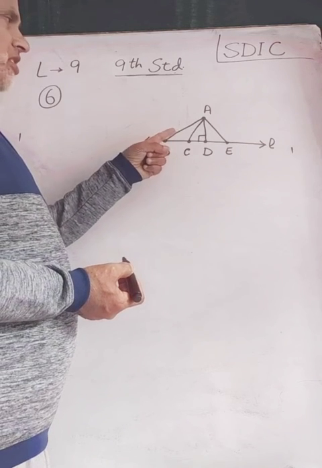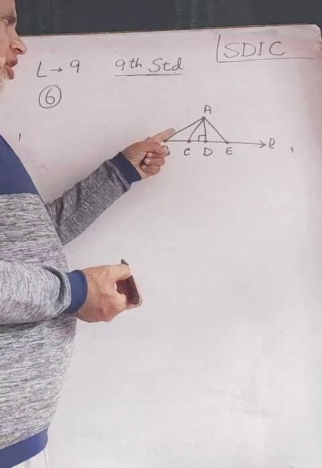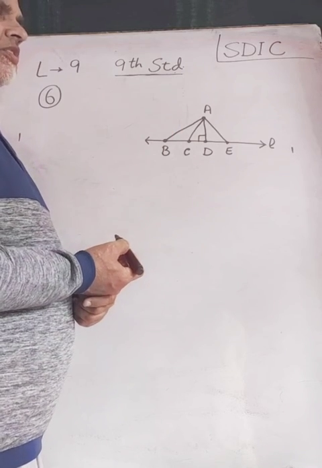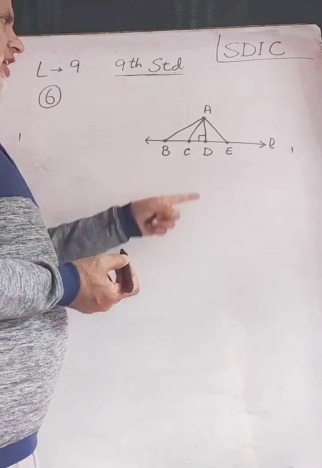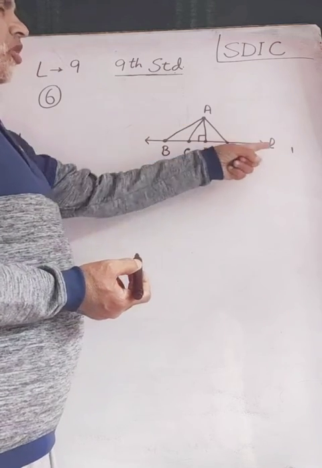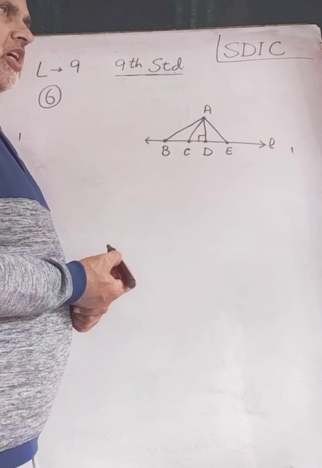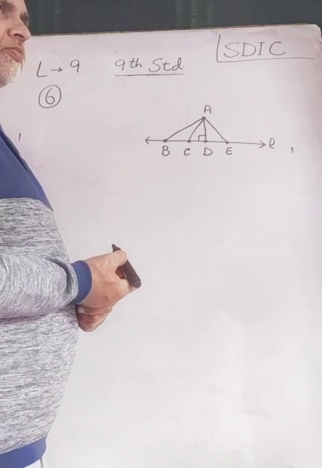The line segments AB, AC, AD and AE are drawn such that AD is perpendicular to L. This will be the given part of this. And then you write to prove.